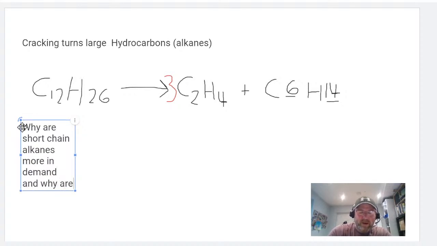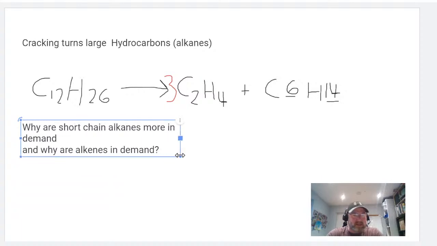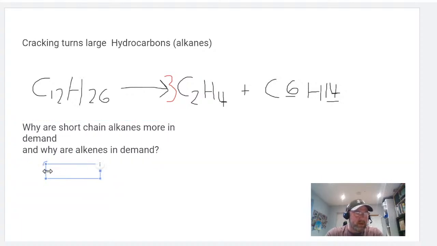And why are alkenes in demand? You might even be asked about why do cracking, and it's a supply and demand issue. But why are they more in demand? Yeah, C2H4 is one molecule. Why are they more in demand, short chain alkanes and alkenes?